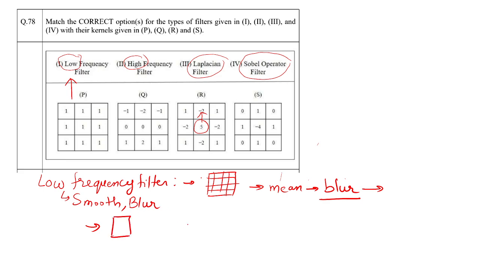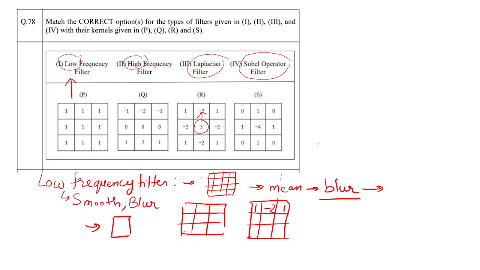Like when we have one image and this high frequency filter, which is 1 -2 1, -2 5 -2, 1 -2 1.